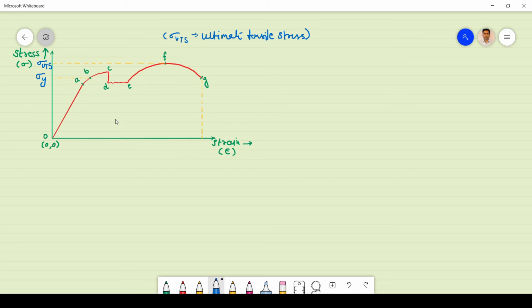Okay. Now let us try to derive some mechanical properties from this stress strain curve. So first one is our strength. The value of strength, it is given by the yield stress.